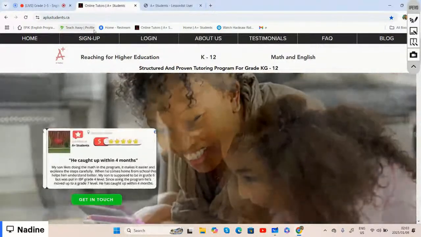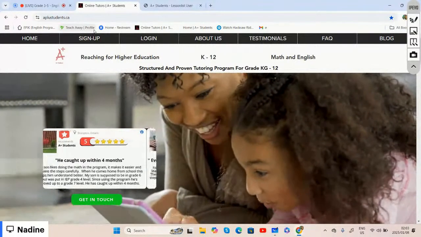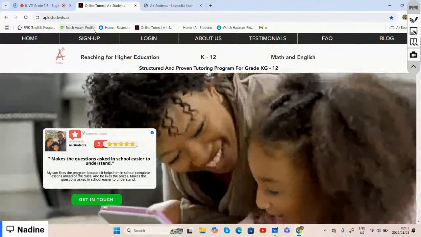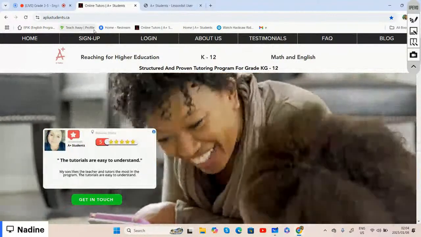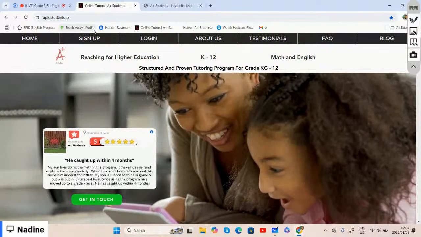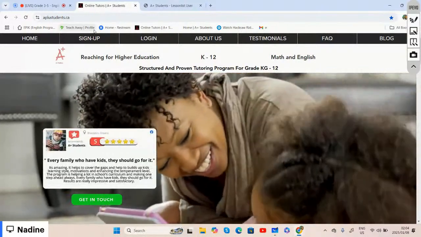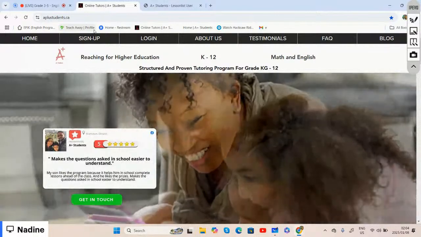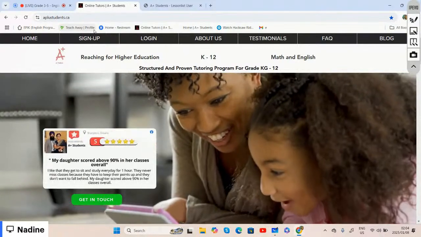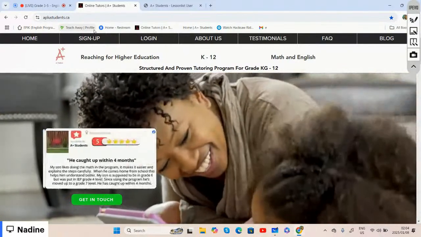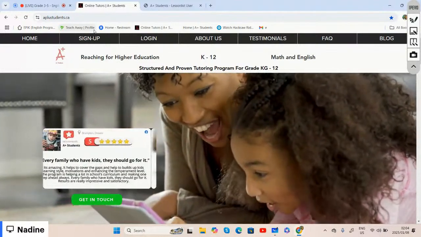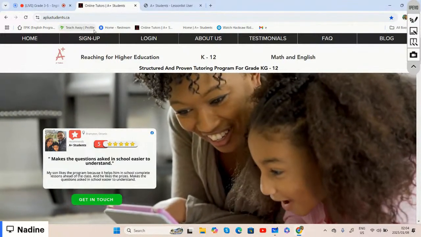Today, we'll be doing our grade 3 to 5 English lesson on prefixes and suffixes. Before we start, we're going to log on to aplusstudents.ca. Once we've logged on with our username as well as our password, we're going to select the subject of English language arts.